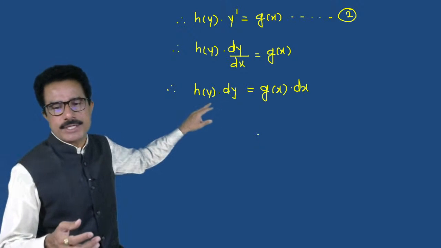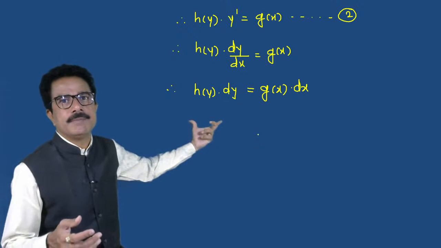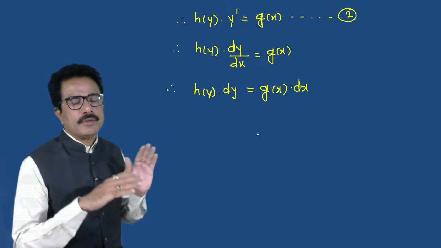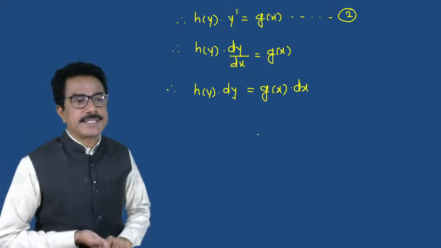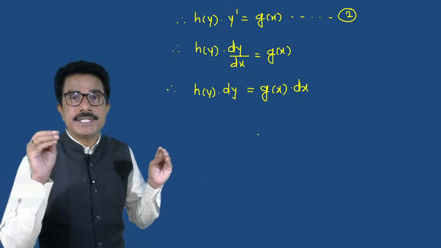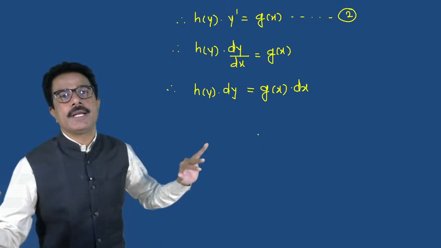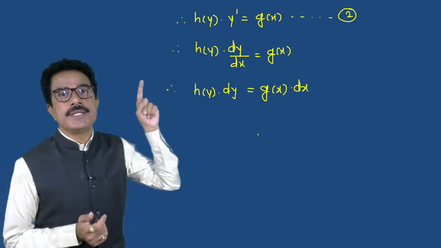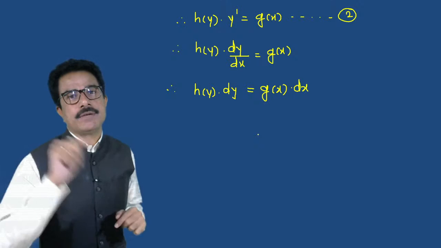See this, in this equation the total terms of y are on the left side, the total terms of x are on the right side. That means it is possible to separate the variable on the left side and right side.